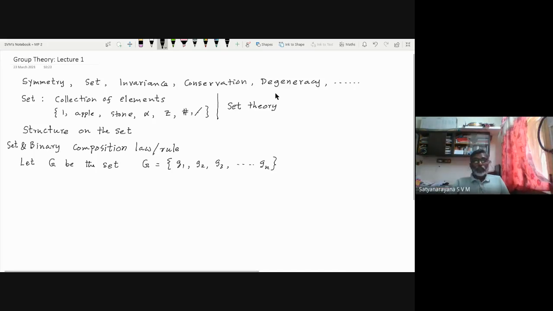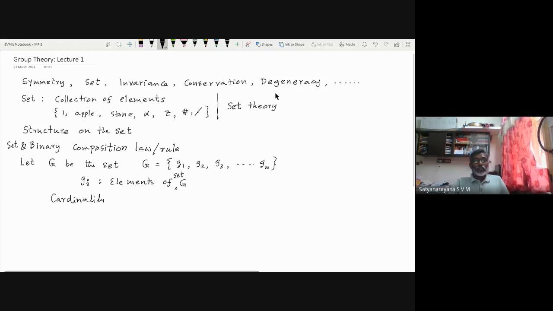Okay, so this Gi, they are called elements of G. Okay, so right now this G is only a set, with elements of set G. Then we define something called cardinality.